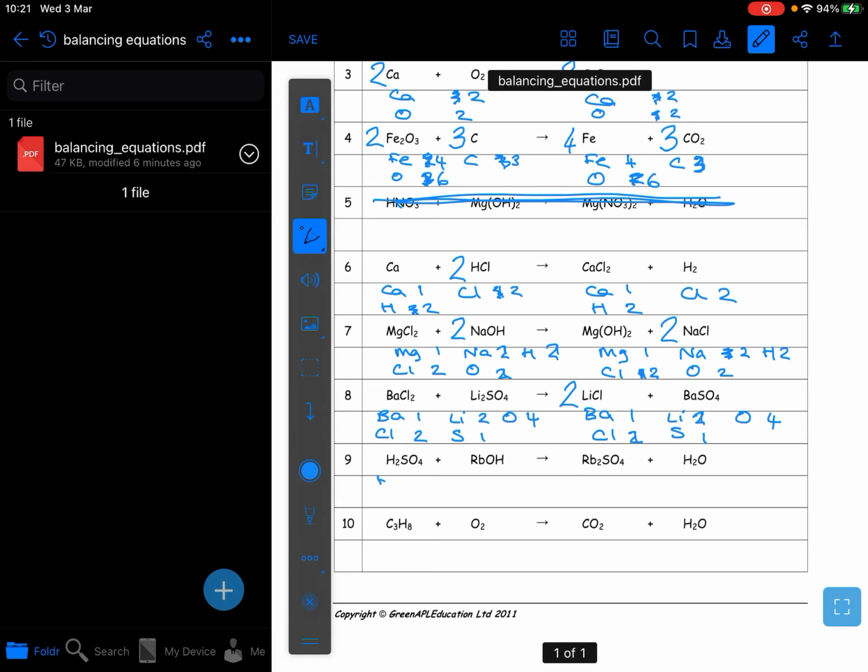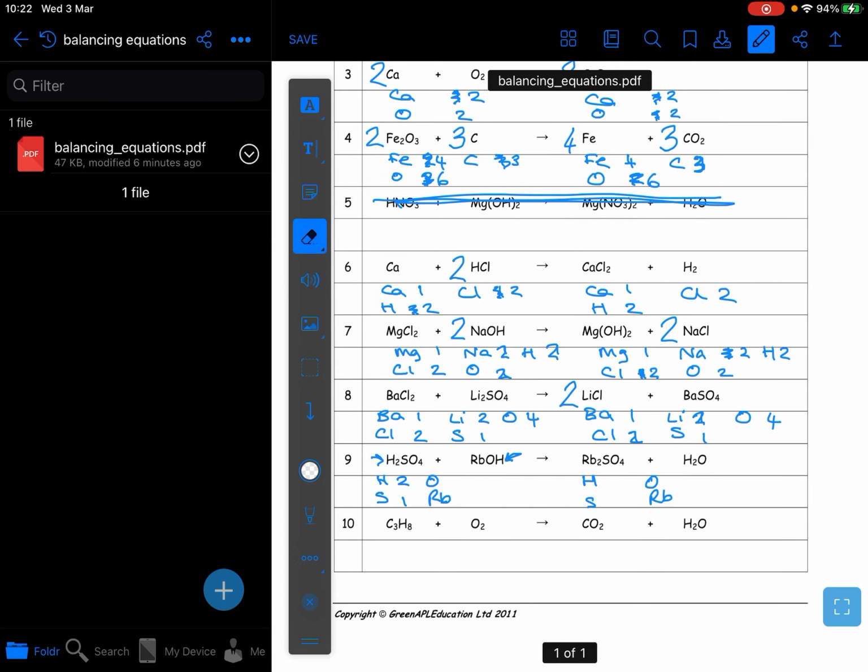Balanced. Right. So here we've got hydrogen, sulfur, oxygen, rubidium. That's it. Then hydrogen, sulfur, oxygen, rubidium. And we've got on the left-hand side 2, 1. Oh, no, I tell a lie. Look at that. I wasn't even paying attention. You've got 2 hydrogen here, but you've also got 1 hydrogen there.